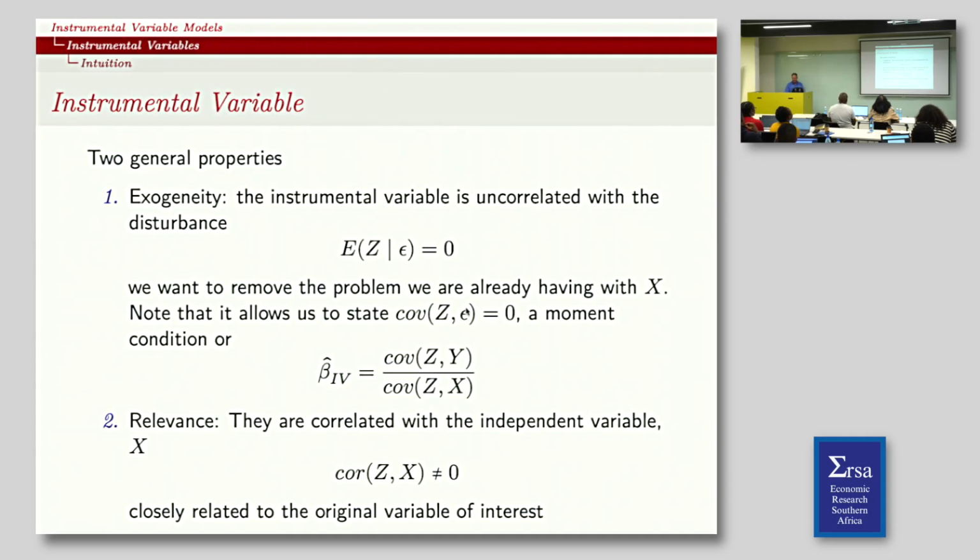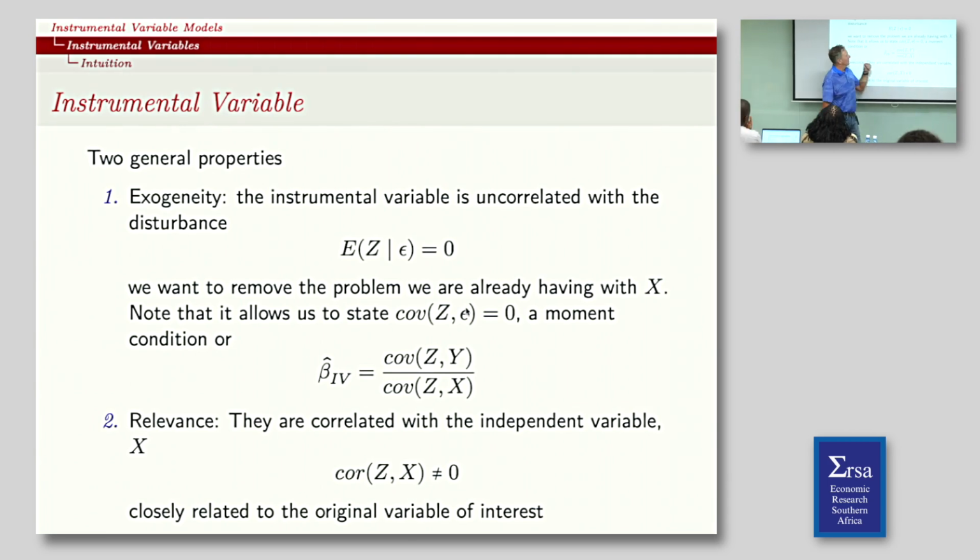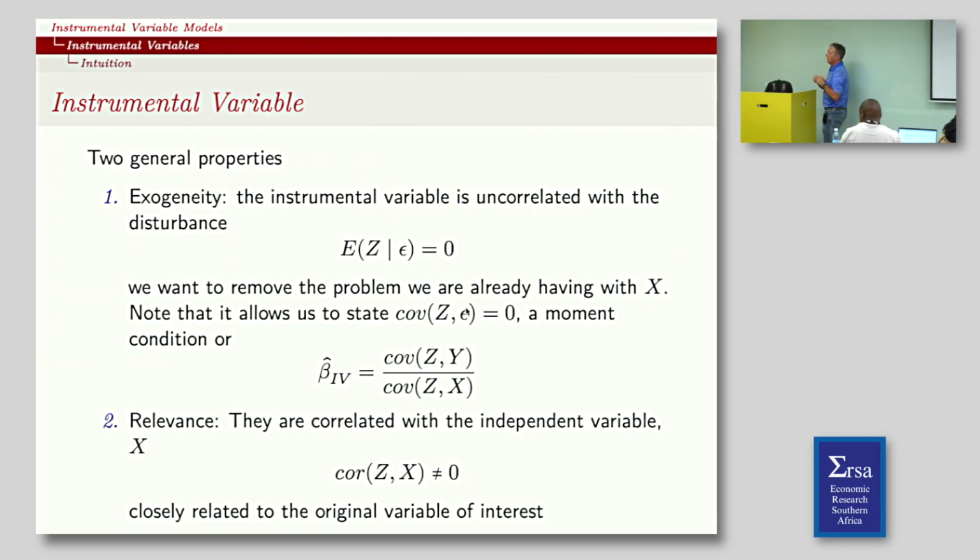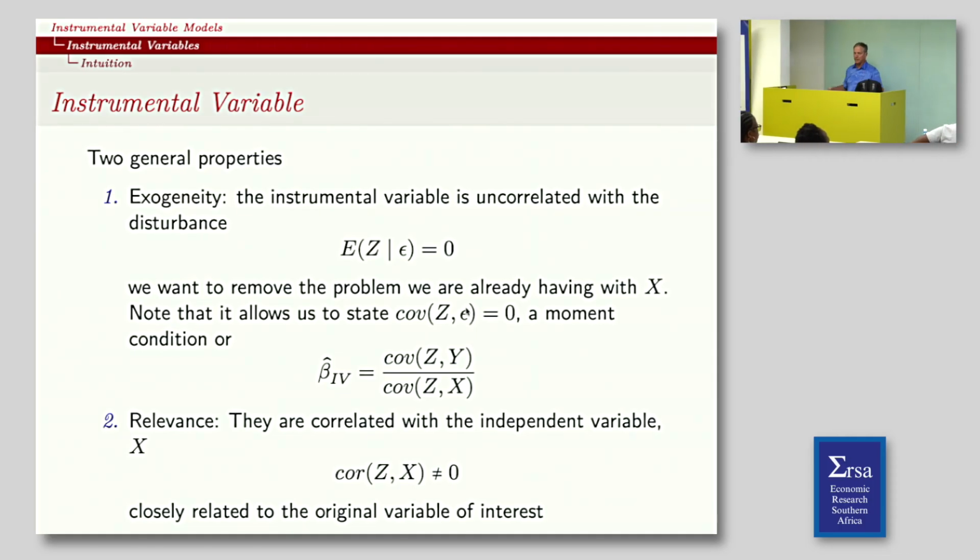This is what we have here, where basically what we're trying to do is figure out the overall change from Z to Y, and we're going to divide that by the overall change from Z to X. Right, so we're going to essentially pull out the ZX part from the overall Z to Y bit. And that's referred to as the IV estimator.